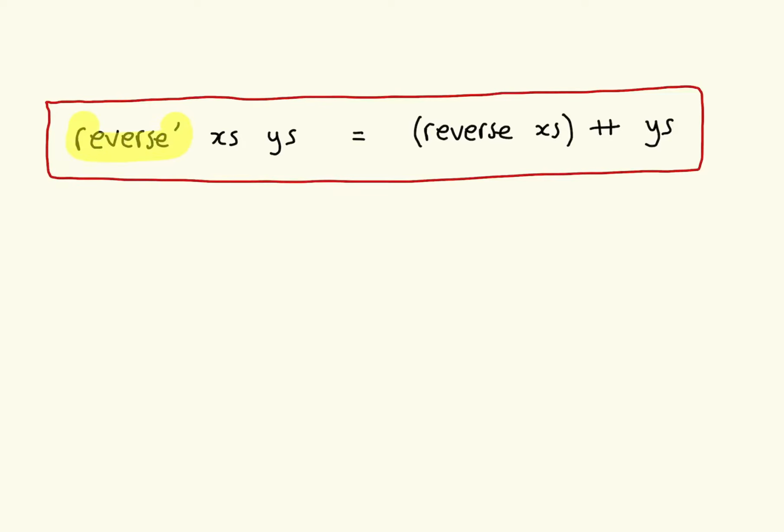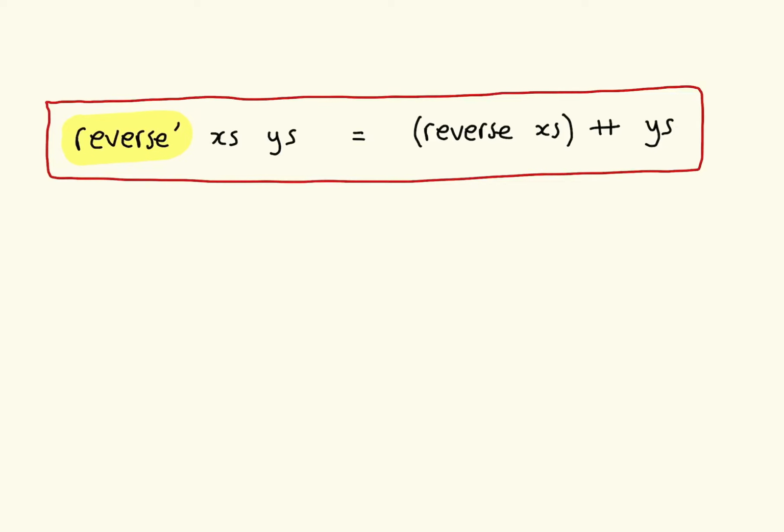We'd like to solve this equation by coming up with a recursive definition for reverse prime. And the way I'm going to do this is by what's called constructive induction. Many people would, at this point, just give you a recursive definition for this function and then prove that it satisfies this specification. That's not what I'm going to do.